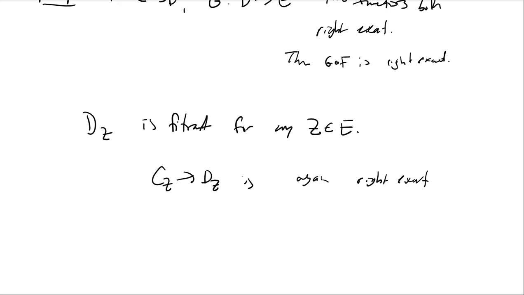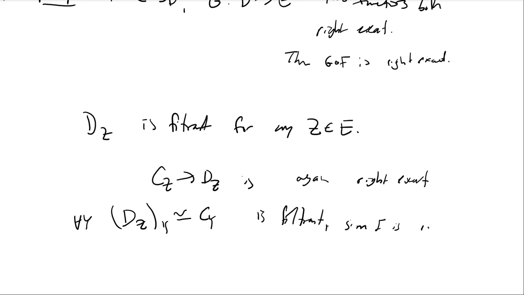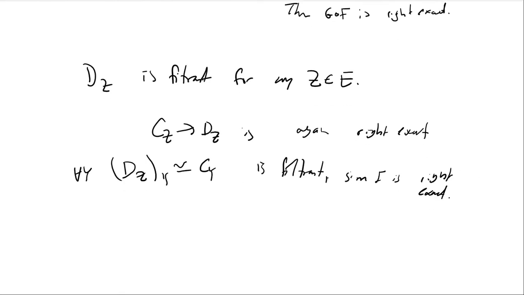Since for any Y, DZ sub Y is equivalent to CY, which is filtrant, since F is right exact. Now we just use the previous proposition.